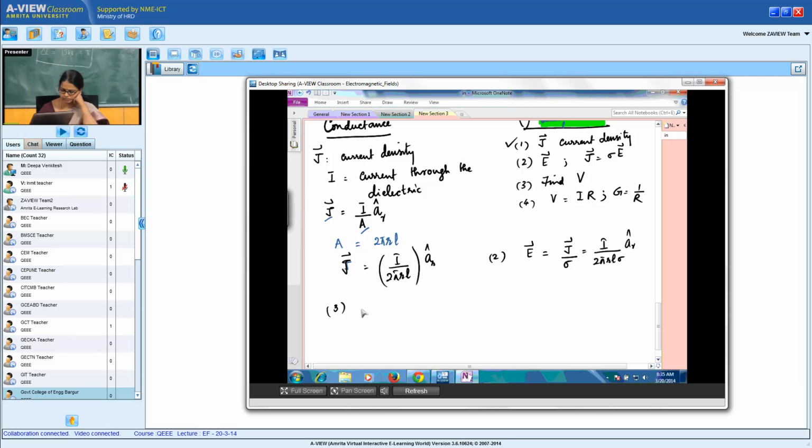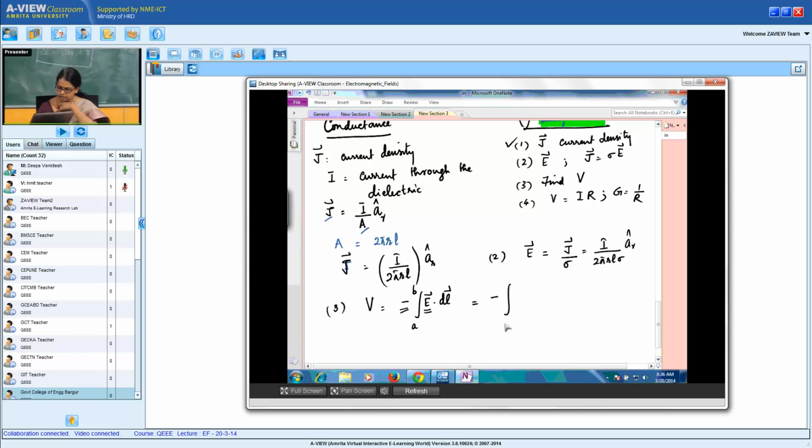Third step is find potential. Now potential is minus integral A to B E dot dl. Again as I said, this negative is indicating that work has to be done against this field, against the direction of the field, to move a charge.